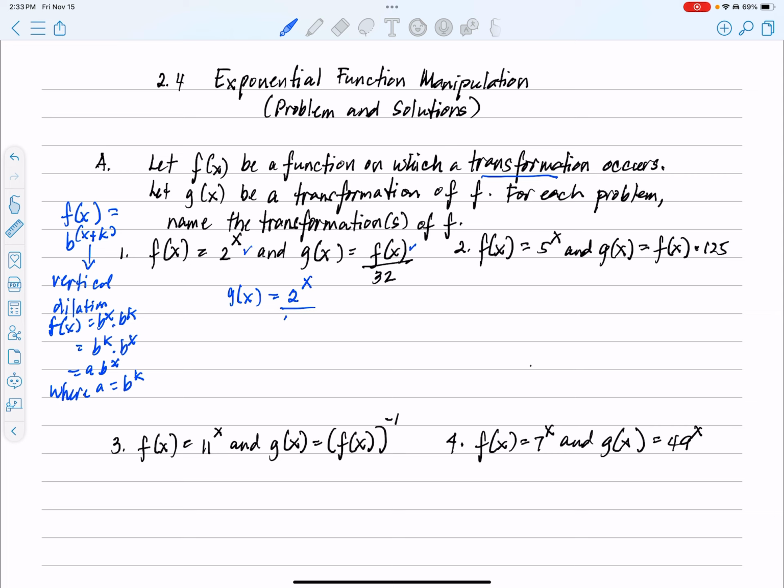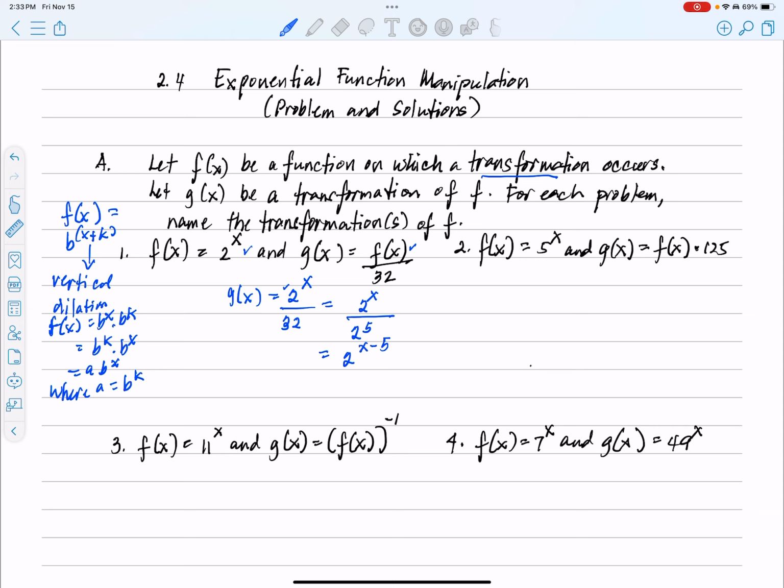Now, what we're going to do here is to change 32 with the same base as in our numerator, which is 2, wherein we could rewrite 32 as 2 to the power of 5, right? When you divide an exponent, what are we going to do with the exponent? We are going to subtract the exponent. That means this will become 2 to the power of x minus 5.